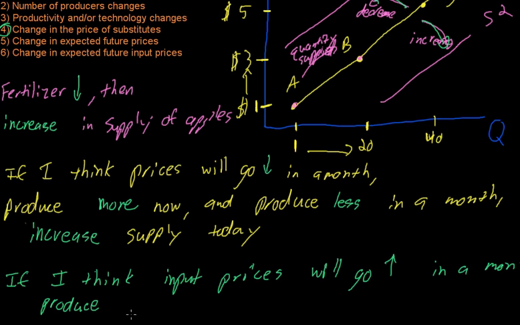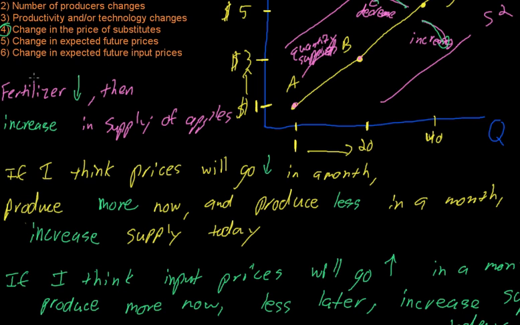So I will produce more now and then less later because it will be more expensive later, which will be an increase in supply today. And you can see that that's the opposite of what we have up here.